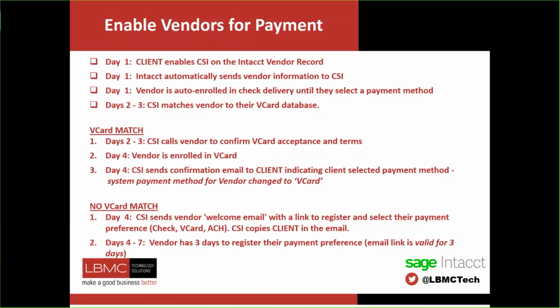And when I say you, this would be the part where maybe you want to change that contact information to your AP manager, controller, whoever's going to be managing the logistics of this process. Then those email confirmations will come to that person. And then the vendor has 3 days to register their payment preference. So that email link is only valid for 3 days, which is why you want to notify them in advance to be on the lookout for this email from CSI.